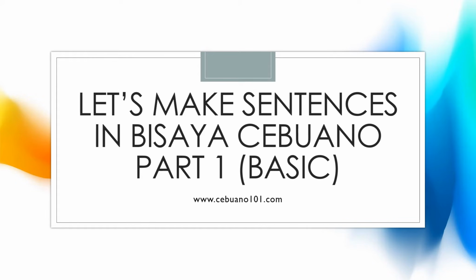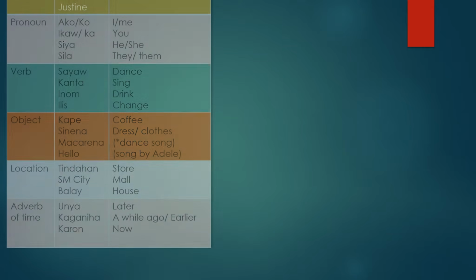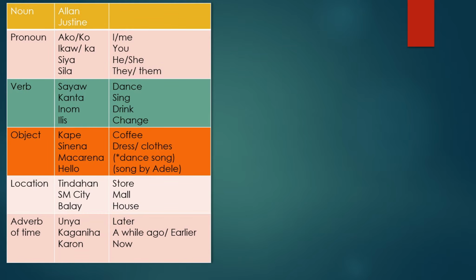We have another video series, and that is Let's Make Sentences in Bisaya-Cebuano. This is broken down into 5 parts. So this is the first part, part 1. We will be talking about the basics. Okay, so I have here a table that has all the details that we will be using all throughout the video series.